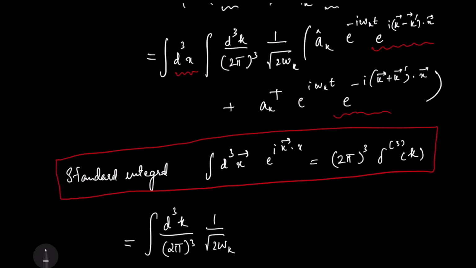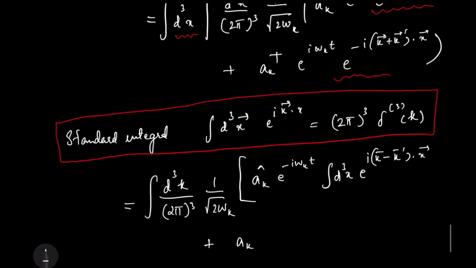Now ak e raised to minus i omega kt I can take outside, then it will be integral of d cube x e raised to i k minus k prime dot x, plus ak dagger e raised to i omega kt, then integral d cube x e raised to minus i k plus k prime dot x.